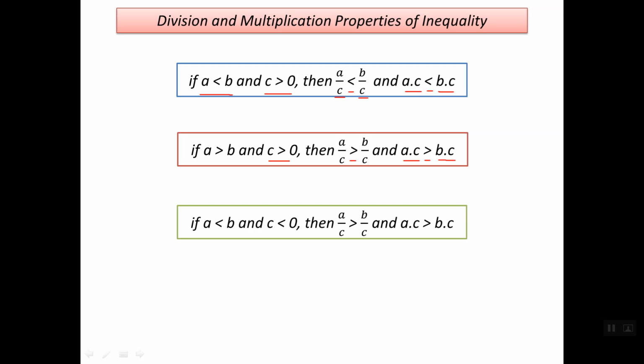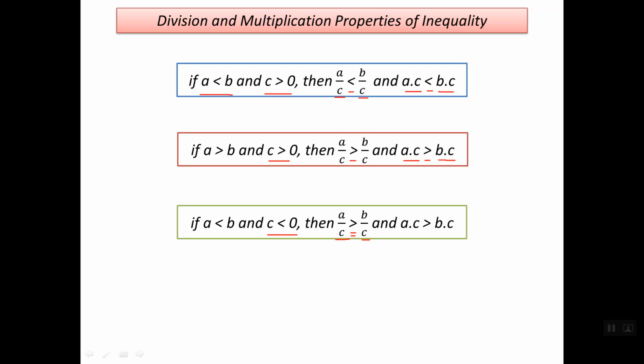Now, if we have an inequality A less than B, and we have a value of C which is negative, so C is less than 0, then if we divide the left side by this value, we should do the same for the right side, but you should reverse the direction of the inequality.